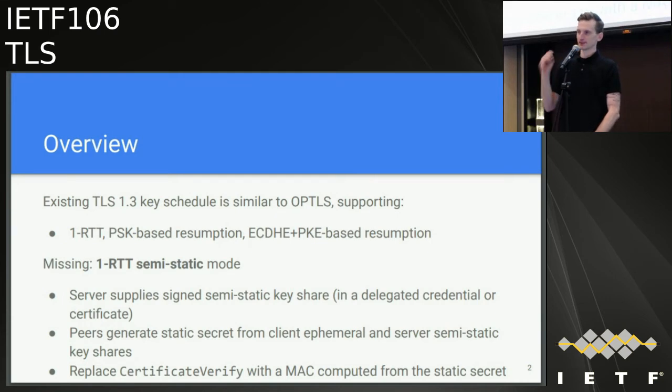So the semi-static case is instead of the server sending a cert and a signature computed over the handshake transcript, you get a static Diffie-Hellman key share, either in a delegated credential or via carrier pigeon or something else, mix that into the key schedule, and then replace the certificate verify, which is typically a signature, with a MAC. And presumably everything else will fall into place.